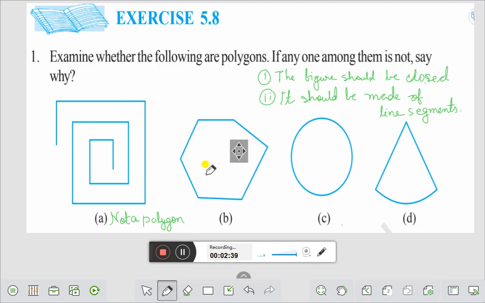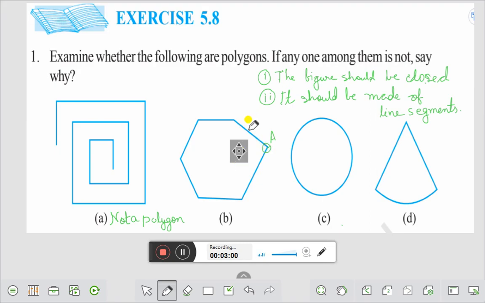Now question number B, you see this figure. Suppose we take this point as A, and this is a closed figure. Why? Because the initial point and final point is same, right? It goes here, there, and comes back to the same point. Therefore, it is a closed figure, right?